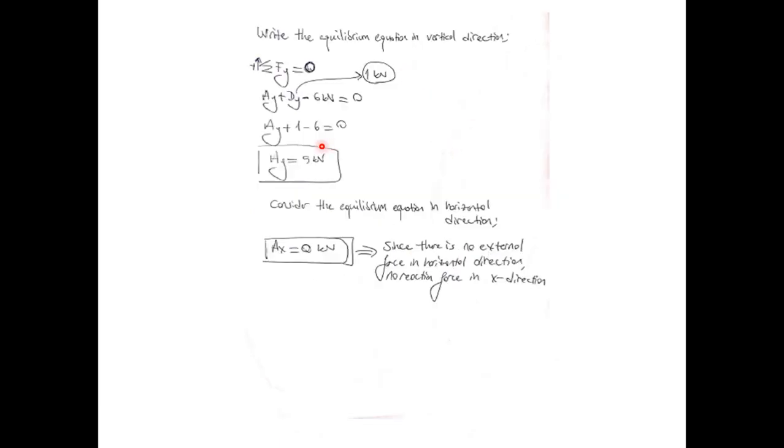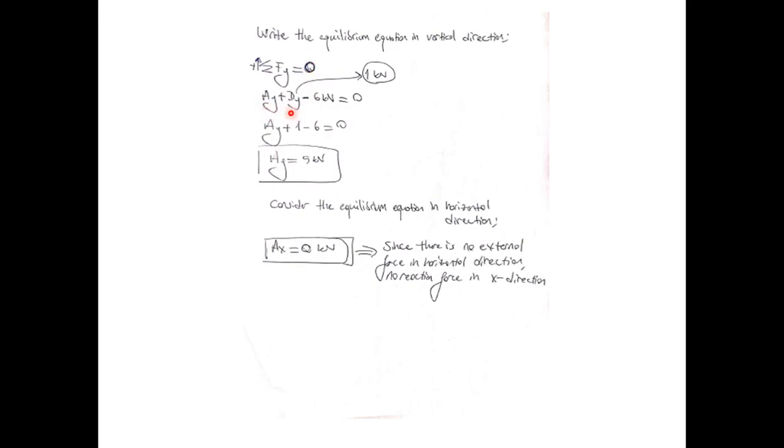In order to find the reaction forces at A, let's first consider the equilibrium in the vertical direction. Again, I'm using this sign convention, which means that forces acting upwards are considered positive, and the summation of all forces in the vertical direction should be equal to 0.